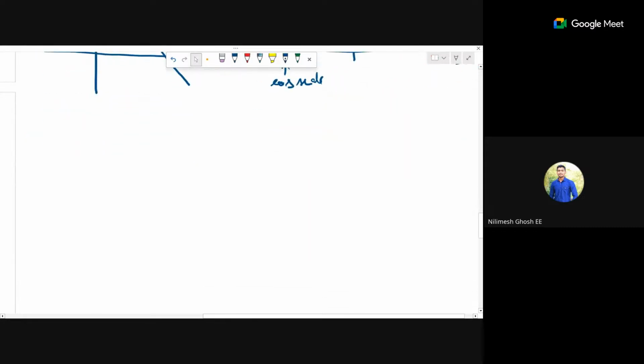Now I am taking another transfer function, a simple one only. Let's say H(s) will be 1 by s into (s plus 1).